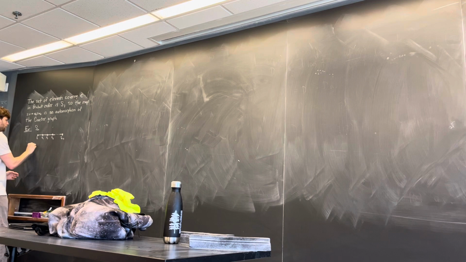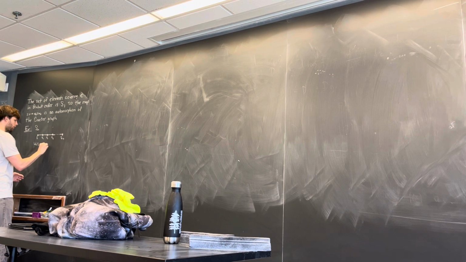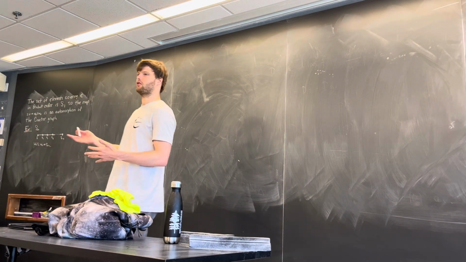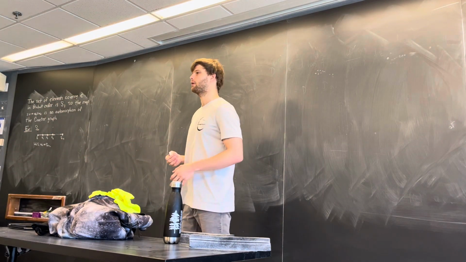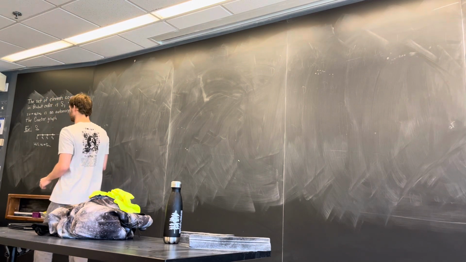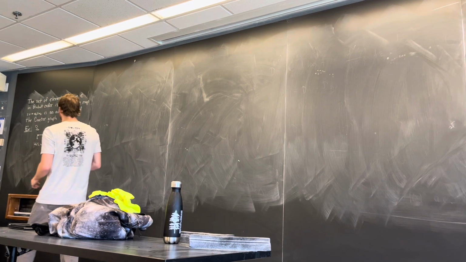So if I take W naught, Si, W naught, this is S sub n minus i. And this is something you can just check directly because we know what these permutations are. W naught is just the decreasing permutation, and so you can check that this is what it does.